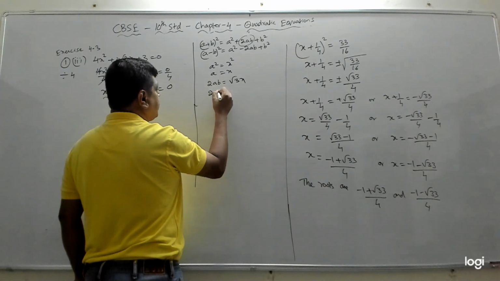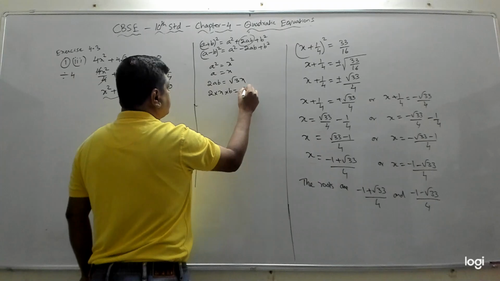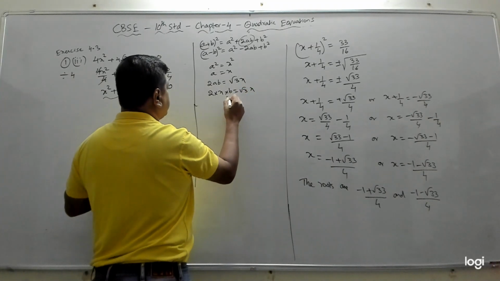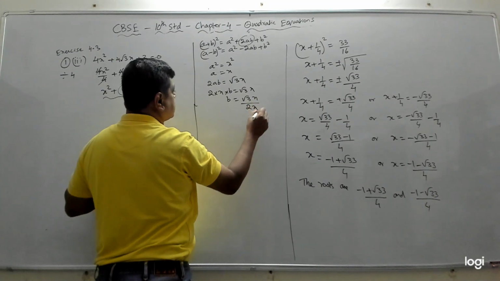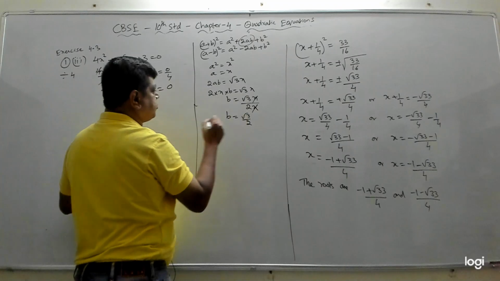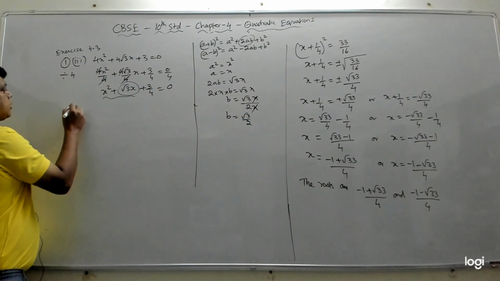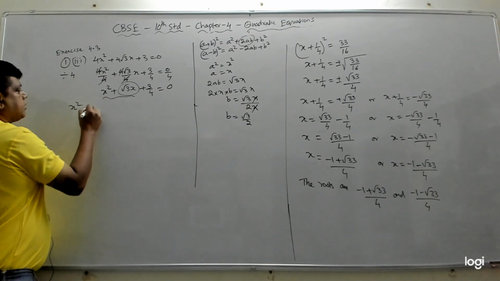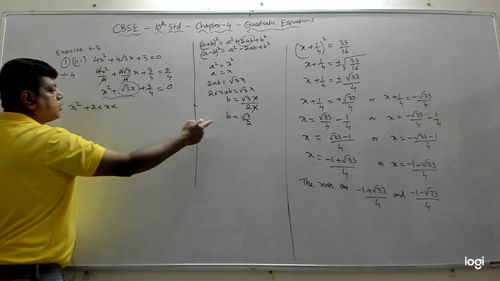So we have 2 into x, because a is x, into b equal to root 3x. Now b equals root 3x by 2x. Now x and x will get cancelled, and b will become root 3 by 2. So b is root 3 by 2. So now I can write this as a square, this one, plus 2 into a is x, into b is root 3 by 2.